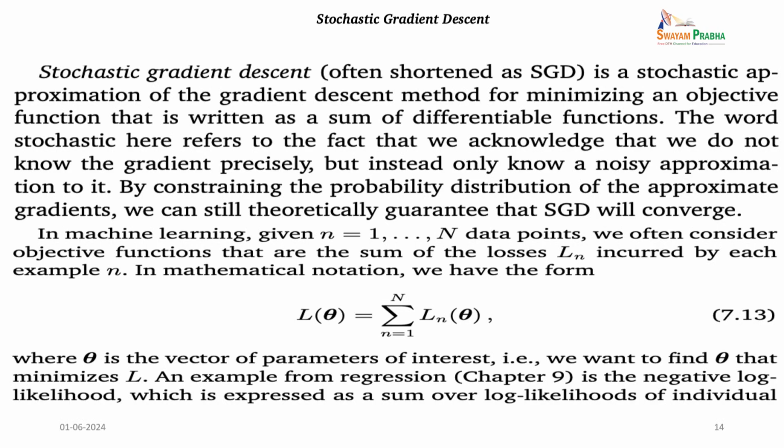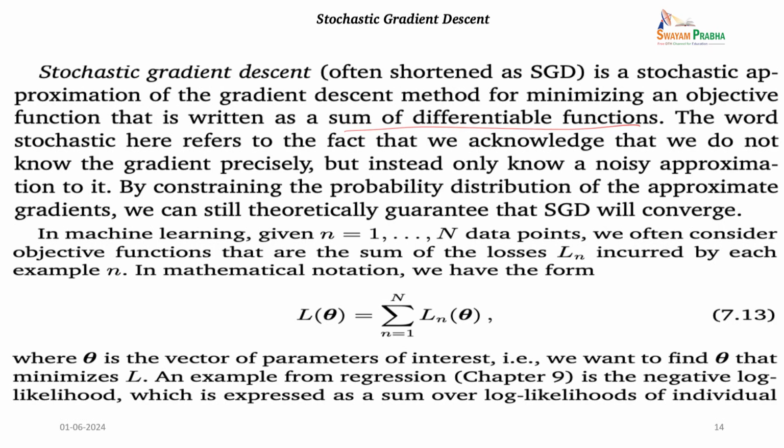Next, we have stochastic gradient descent, often called SGD, for minimizing an objective function written as a sum of differentiable functions.